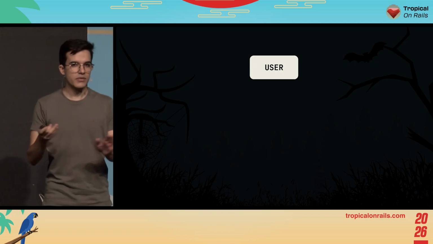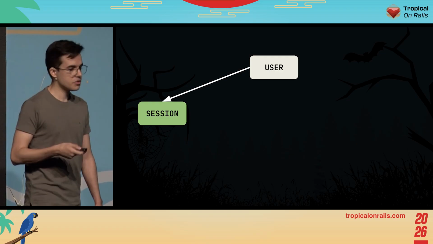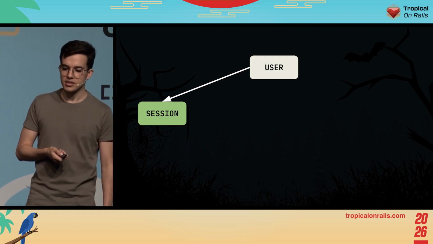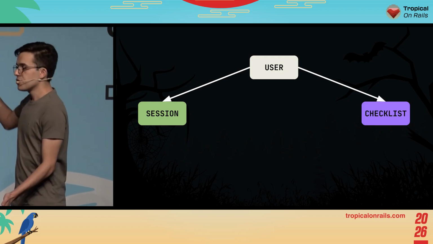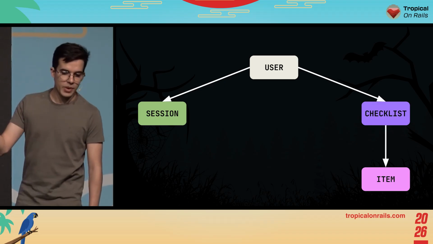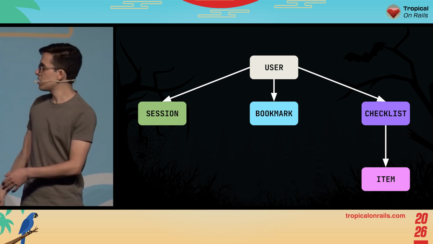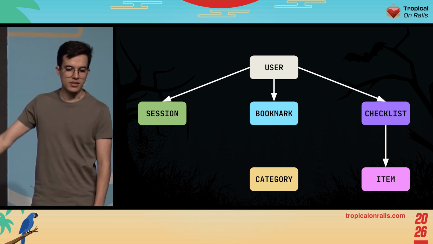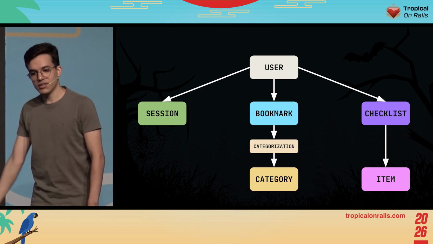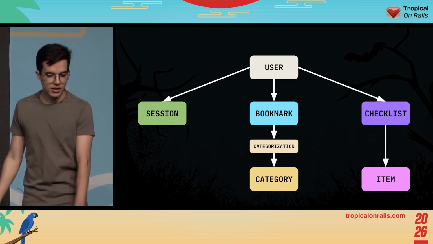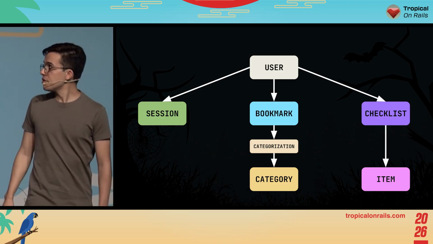This app is a productivity app, so users can log in, so there are sessions. Let's say users have checklists that have many items, and let's say users can bookmark links and also assign categories to those links via a categorization model that is polymorphic. So, a pretty complex scenario.